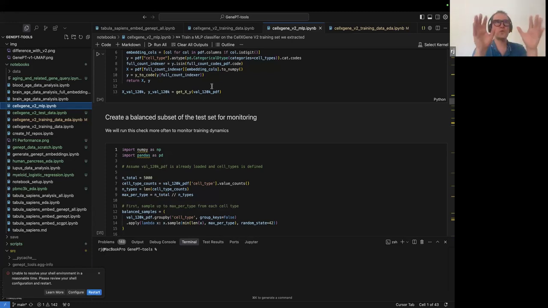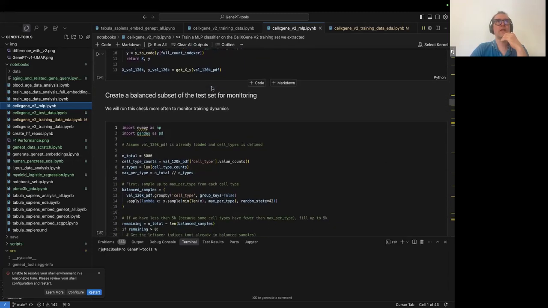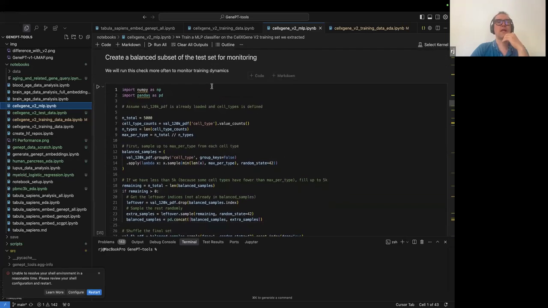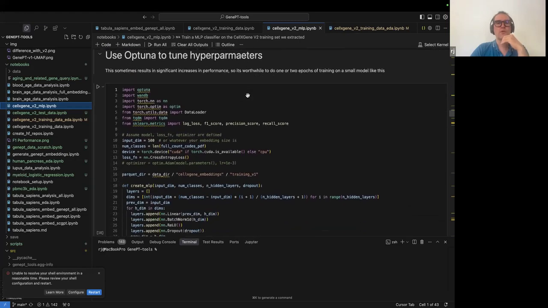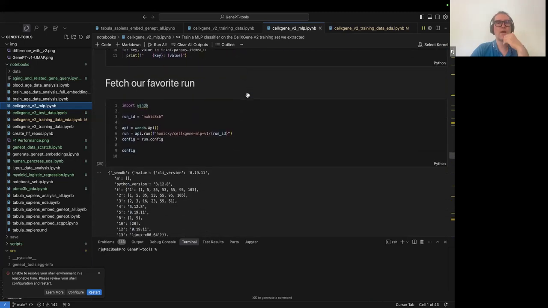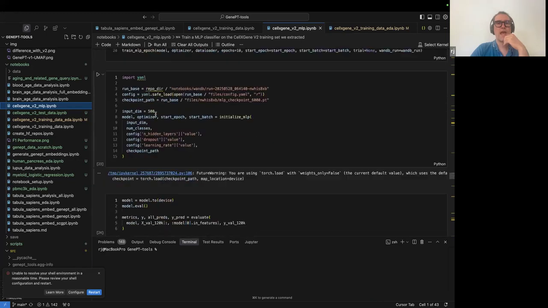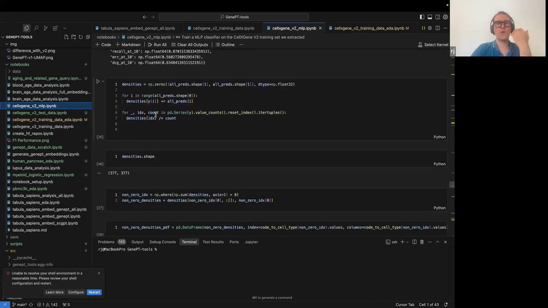But so we ended up using a multi-layer perceptron, and again, being very selective about the data we load into memory. We used Optuna to tune hyperparameters, and we ended up with this classifier that is stored in Weights and Biases and can classify our test set, 100,000 cells, in about 15 seconds.